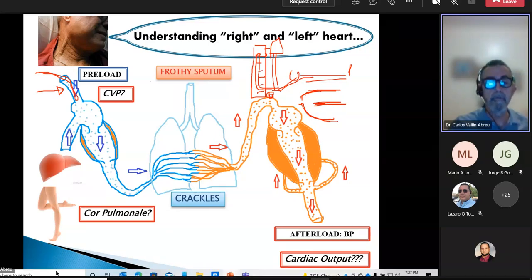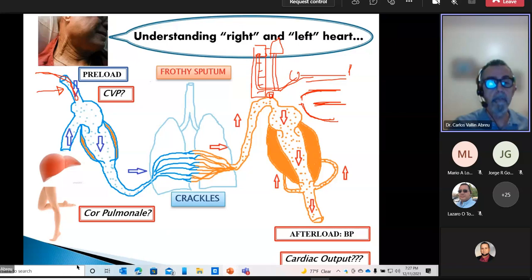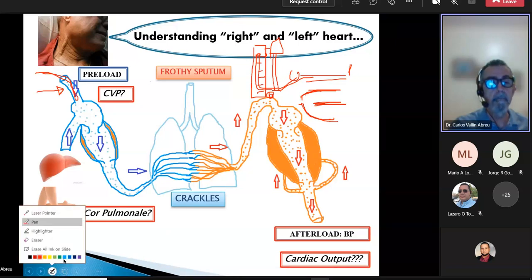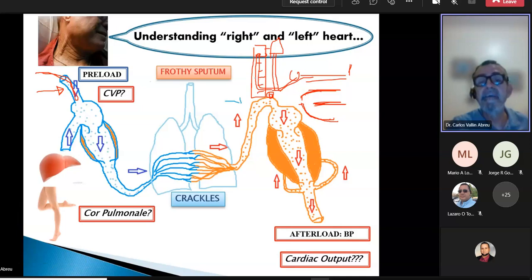And then you are going to fill the tubing with normal saline, and then you clamp the normal saline setting, and you wait for this saline to drop, to descend until stopping.